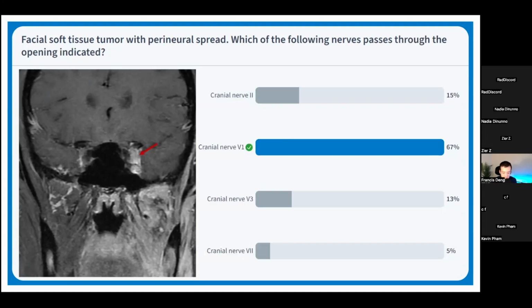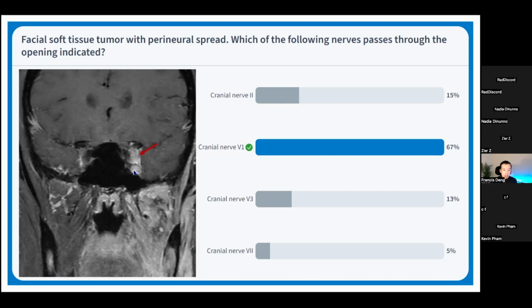All right, and the right answer is cranial nerve V1. What I'm pointing to is a section that's immediately posterior to the superior orbital fissure. And this contains many of the nerves that go into the orbit, including V1, 3, 4, and 6. Here, this rounded structure, that is foramen rotundum.